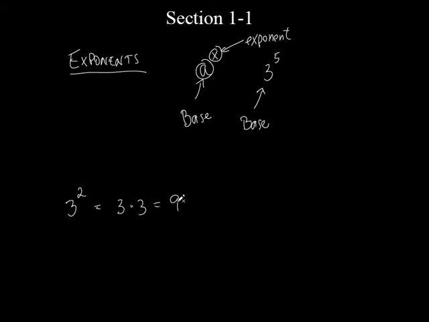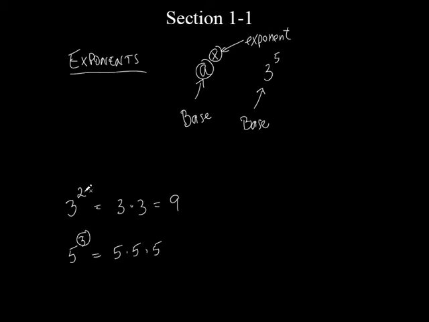Pretty basic, all right? So if you had something like 5 to the 3rd. It's not 5 times 3, which is 15. It's 5 times itself how many times? This many times, 3 times. So it's 5 to the 3rd, which is 5 times 5 times 5. That's another one where we have a special word for it. We don't say 5 to the 3rd power. What do we say? 5 cubed, okay?